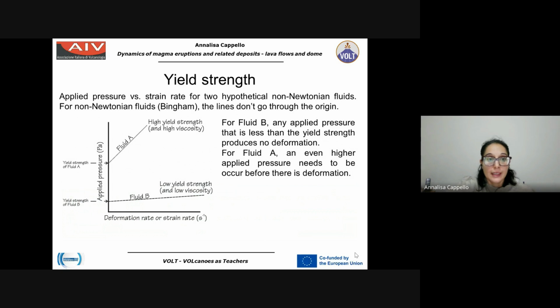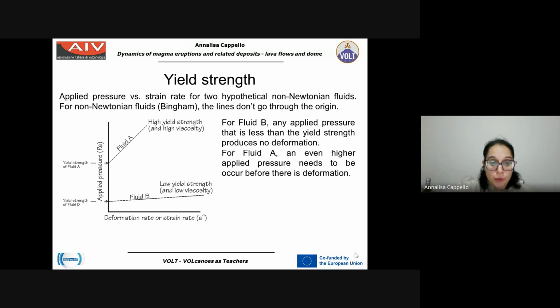So, if you want to represent the yield strength, we can represent it as the applied pressure versus the strain rate. This is a graph representing two hypothetical non-Newtonian fluids, which are called Bingham fluids.